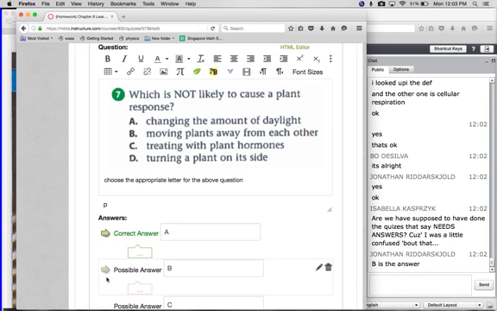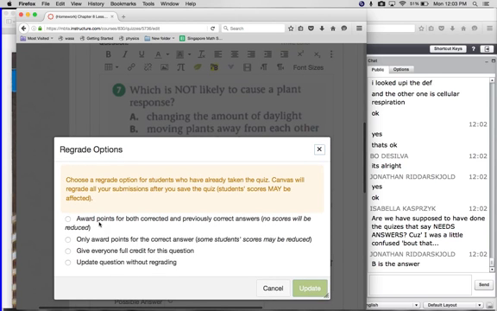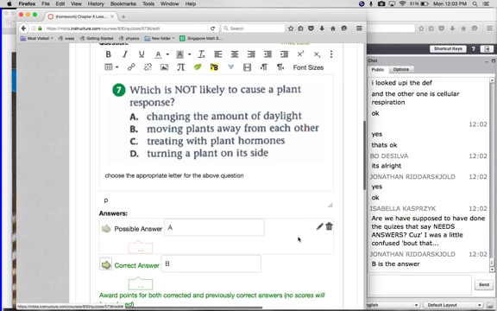I would say your best answer is B in this one. And notice what I'm going to do: if they got a wrong answer, or if they got the previous answer, or the correct answer, I'm going to give them credit.